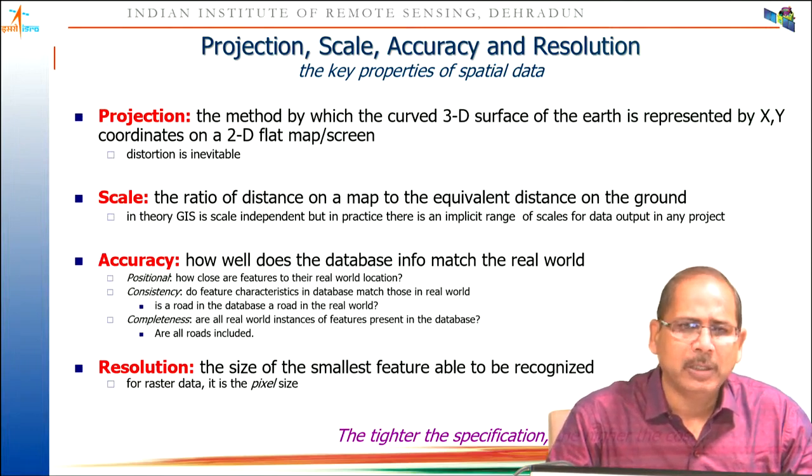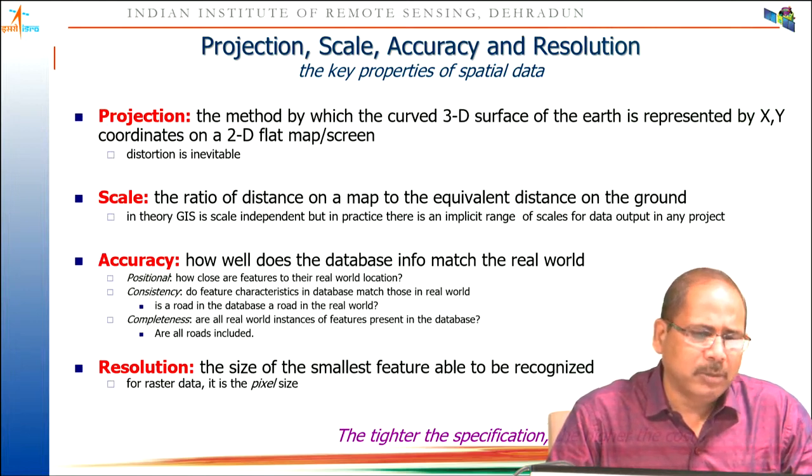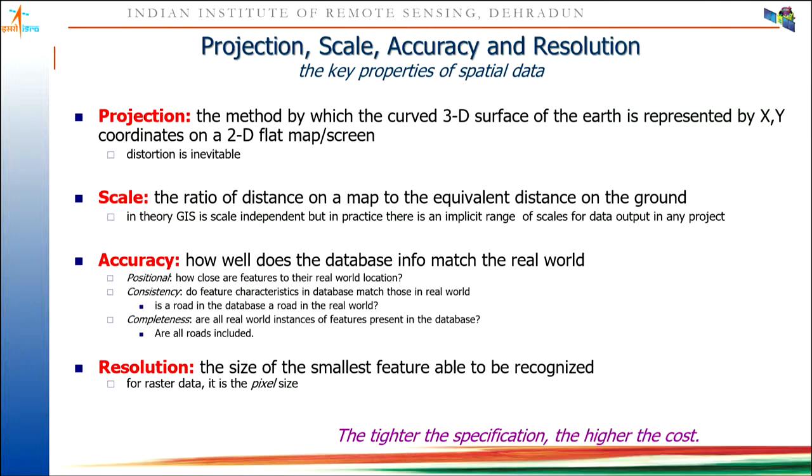Projection is a method by which the curved 3D surface of the earth is represented by x and y coordinates in 2D flat maps or a screen, and distortion will be there in this kind of transformation from 3D to 2D. So basically your earth is 3D, and by applying a projection system you can convert the 3D earth into 2D maps.